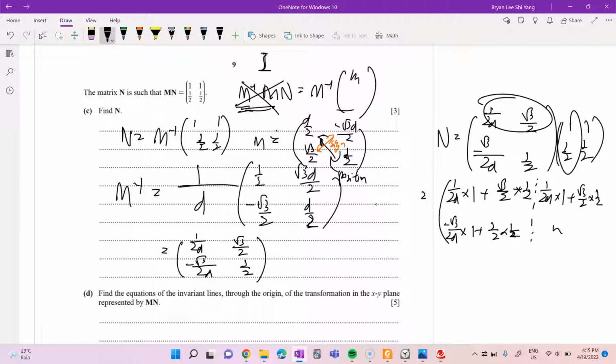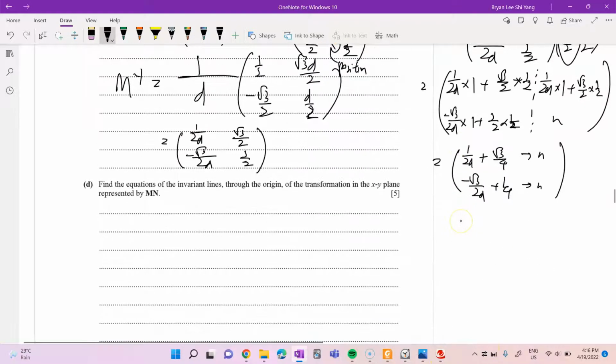And then actually it's basically the same thing on the right, so I'll just neglect it if you guys don't mind. 3 over 2, okay, 1 over 2d plus 3 over 4. Then at the right will be the same thing. And then we have negative 3 over 2d plus 1/4, and that will be the same thing.